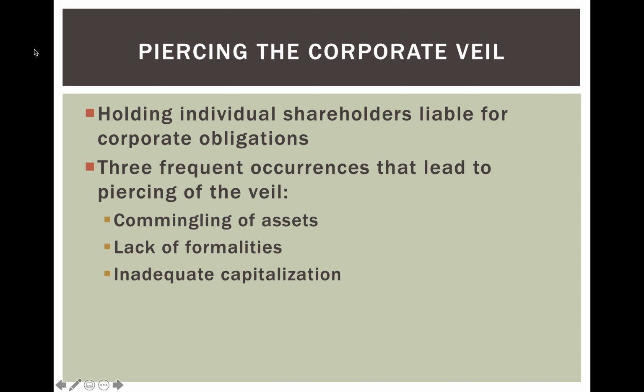There is an exception to that under the doctrine of piercing the corporate veil. Again, this is one of those things where it doesn't happen a lot, but it can happen under certain limited circumstances.